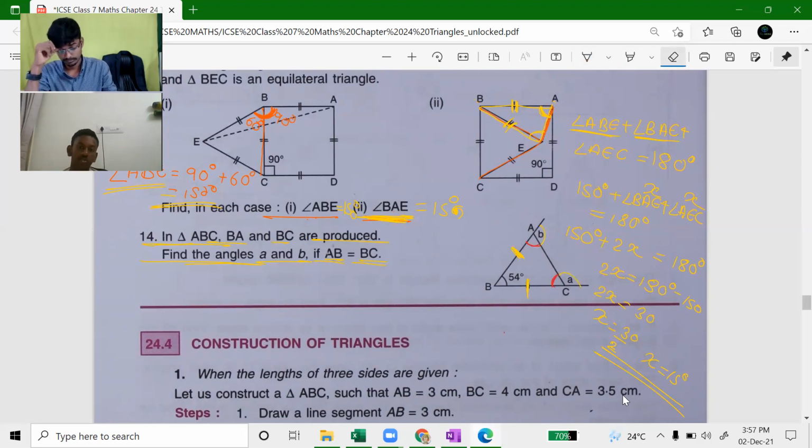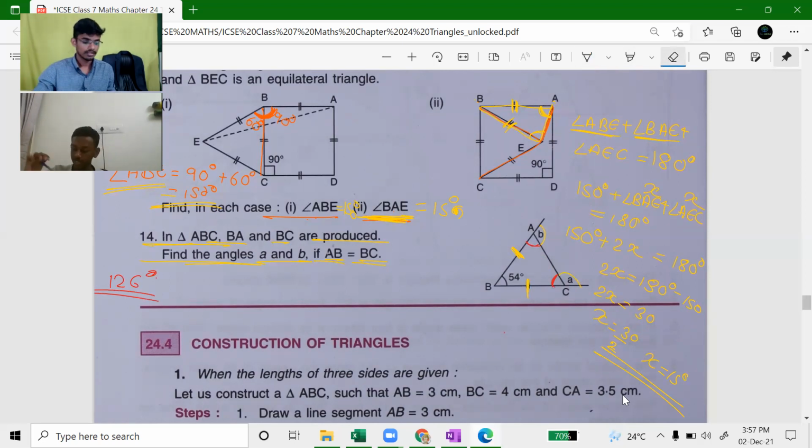180 minus 54 is 126. You are telling me the sum, beta. Again, you are telling me the sum.